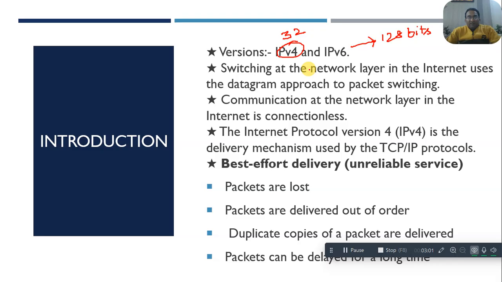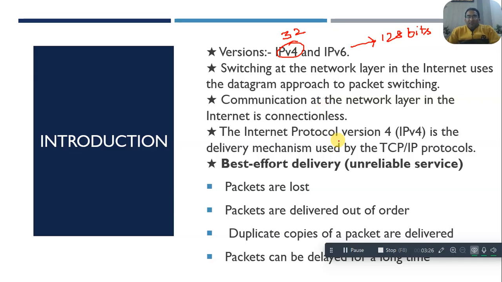That's why the packets reaching the receiver may not be in order, and will take some delay also. So the communication at the network layer in the Internet is connectionless. That is, the communication which we are doing with the receiver through the Internet Protocol is connectionless.